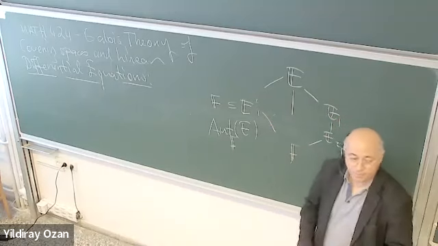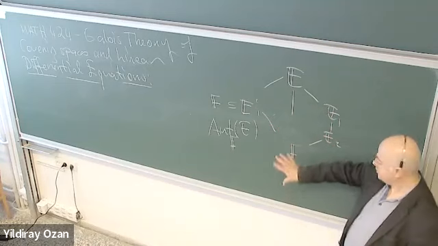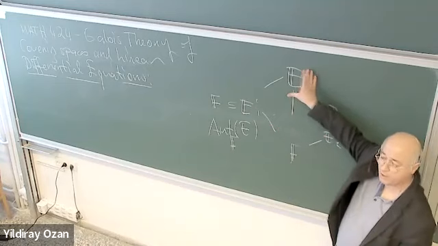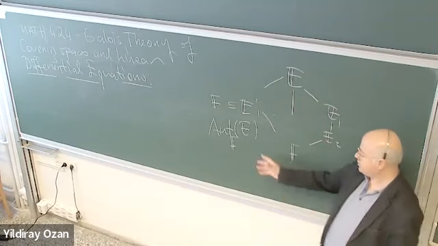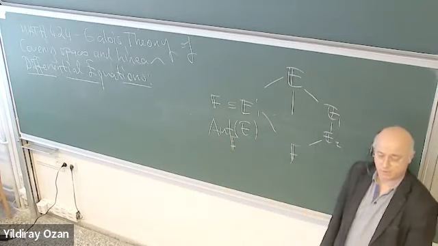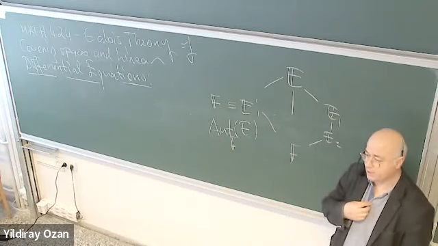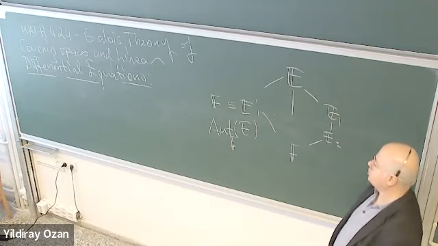Complicated diagram. So these are kind of intermediate fields. This is the smallest one, this is the biggest one, and there are some intermediate fields. In case this extension is a special one, which we call Galois extension, then there is the following picture.